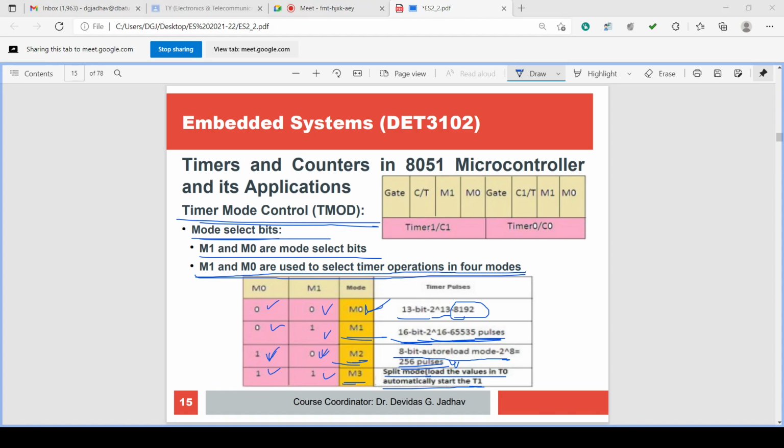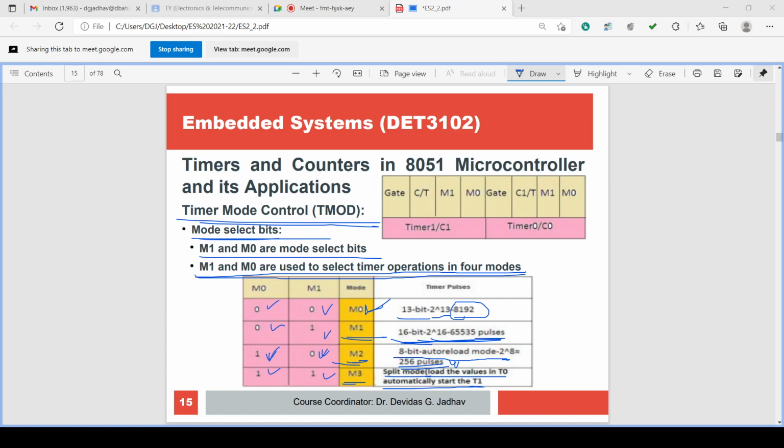So we have seen the gate, we have seen the C oblique T. These are the two bits we can set into the timer mode SFR, TMOD, timer mode control bits.